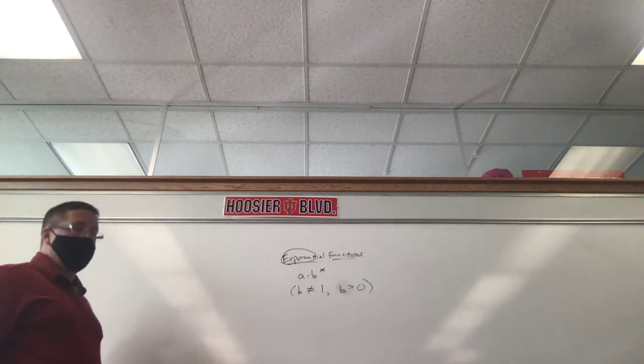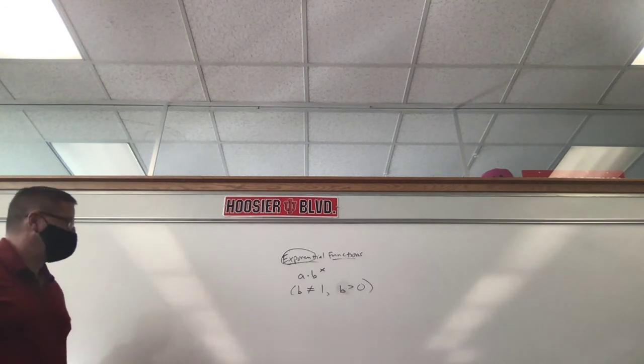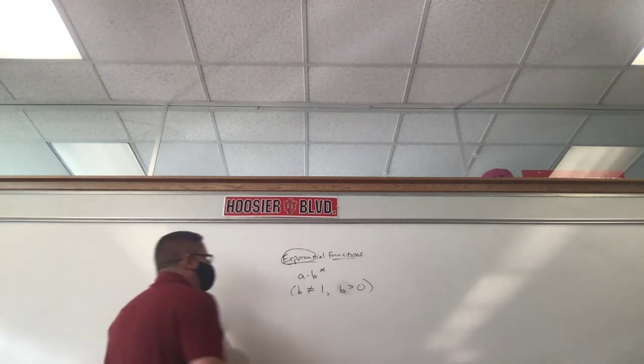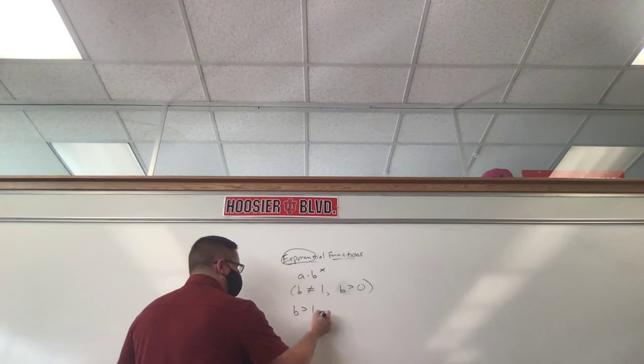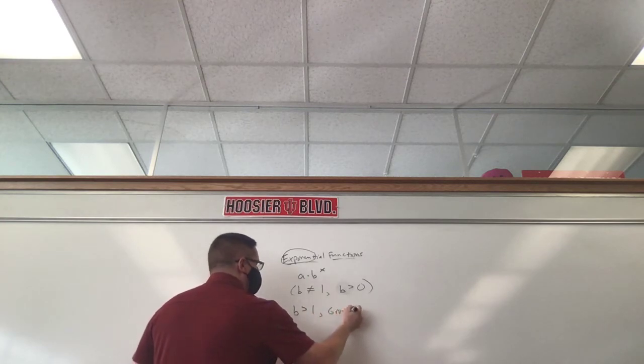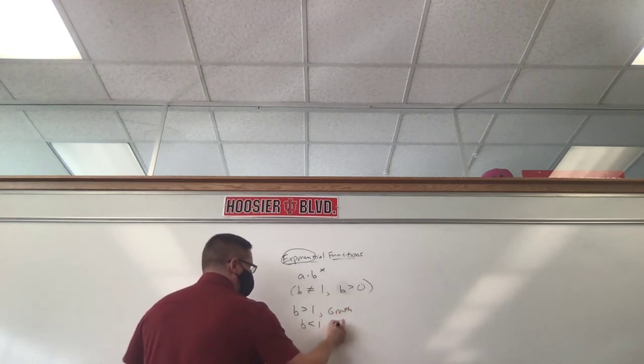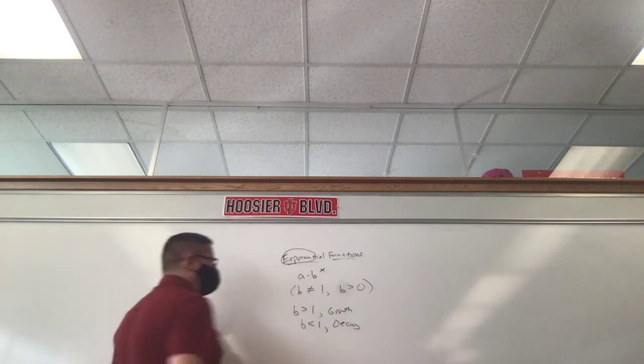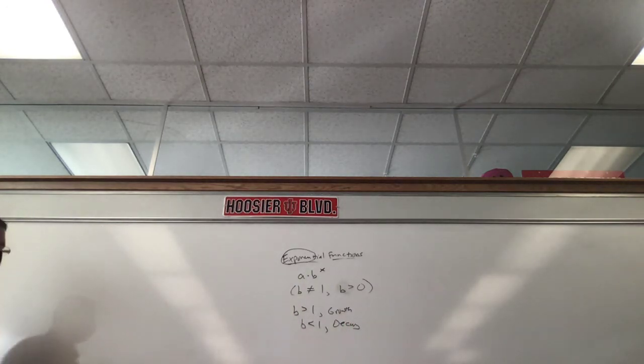Okay? It can't be 1, and it can't be negative. And if b is bigger than 1, it's growth. If b is less than 1, it's decay. That's the mathematical way of saying what all those examples say, okay?